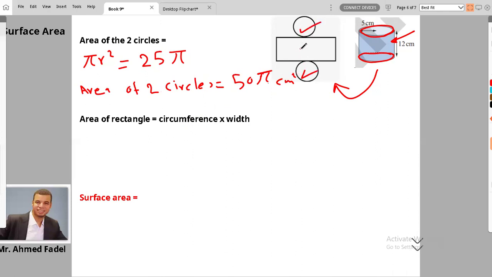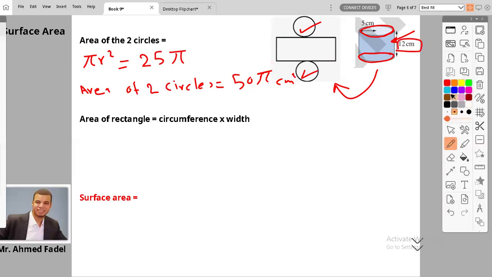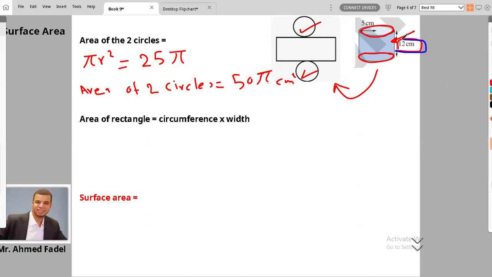What about the area of the rectangle? The area of this rectangle, actually, we have the width, which is 12 centimeters. Let me change the color here. I got the length of the width, which is 12 centimeters. For you to find the length of that rectangle, we need to find the circumference of the circle. If you open the circle, it will actually give you the length of the rectangle.